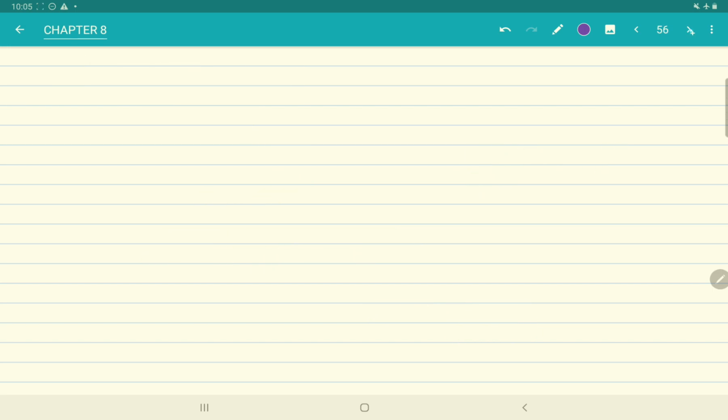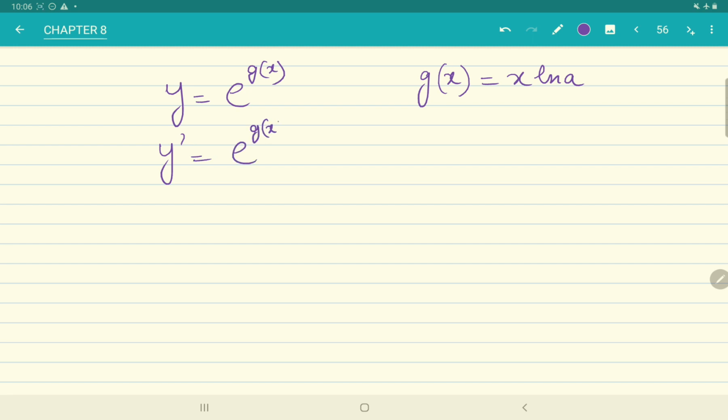Basically, I have e raised to the power g of x, wherein g of x is equal to x ln a, and I want to differentiate this. If I differentiate this, I have e raised to the power g of x multiplied by g prime x, which is nothing but e raised to the power x ln a, and then it is ln a.